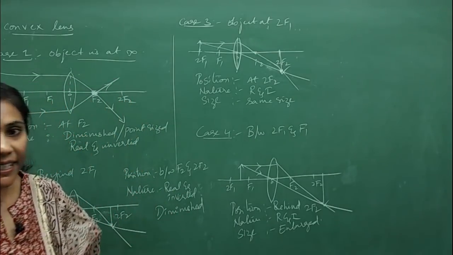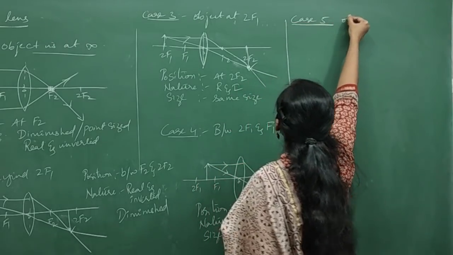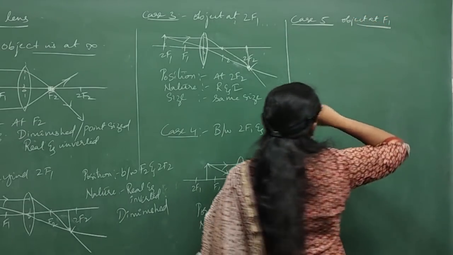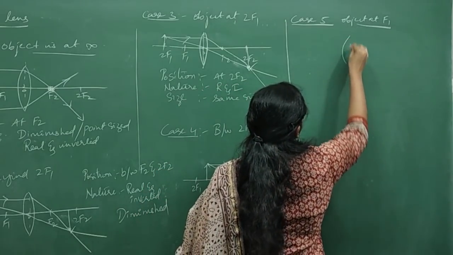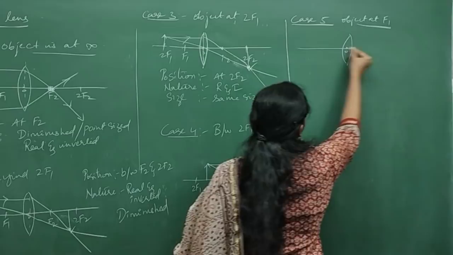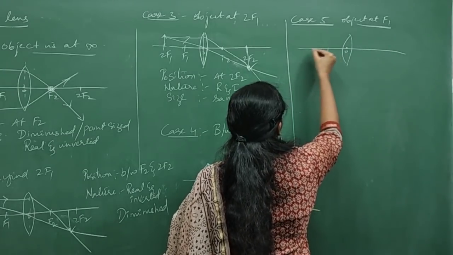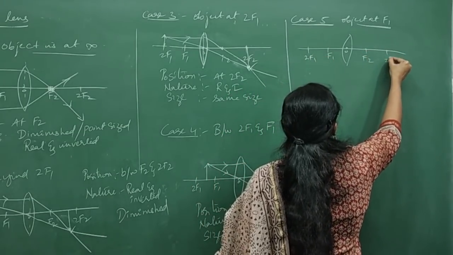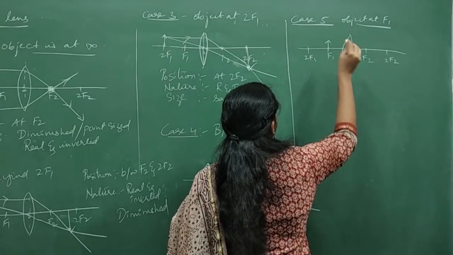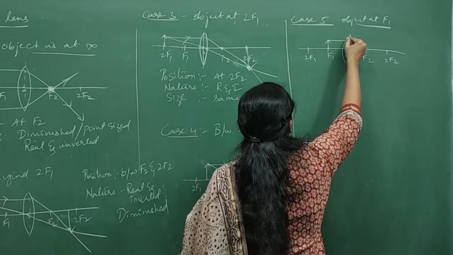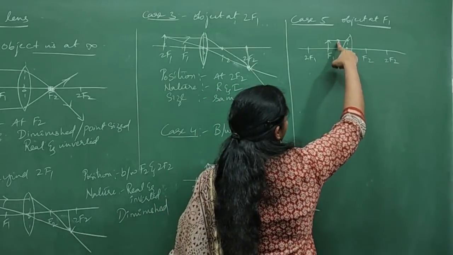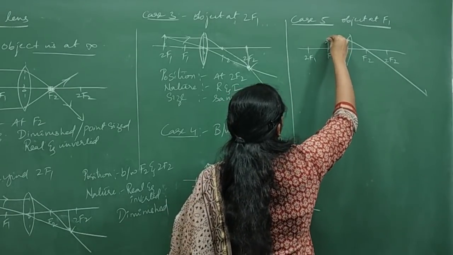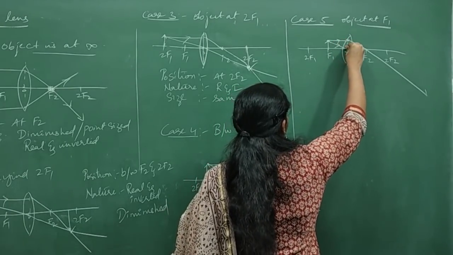And now case 5 and case 6. Case 5. Say if I keep the object at F1, right at principal focus F1, how do I draw the ray diagram? This is optic center, principal axis, F1, and what is this? 2F1, and this is F2, this is 2F2. So I'll keep the object right here. So what do you get? I'm taking one incident ray parallel to the principal axis, so that would pass out through F2, and I'm drawing another incident ray passing through the optic center.